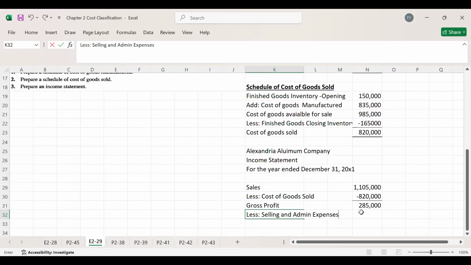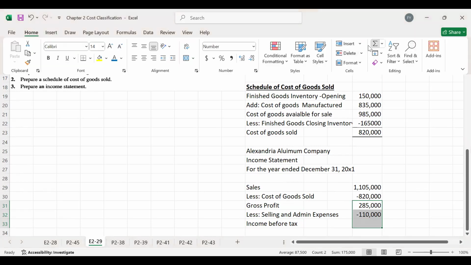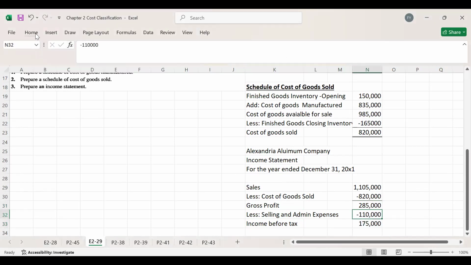So we will deduct it, $110,000. The next thing is income before tax. So our total income before tax would be 175.